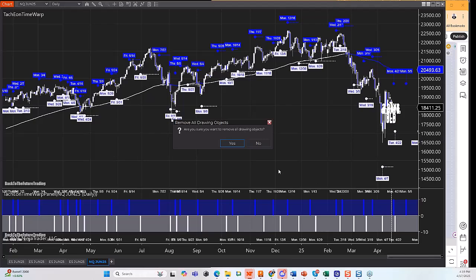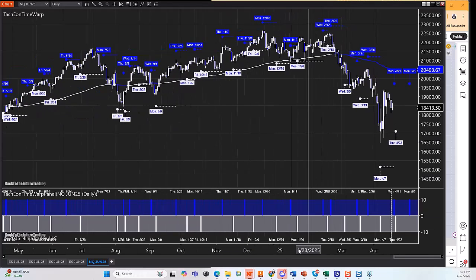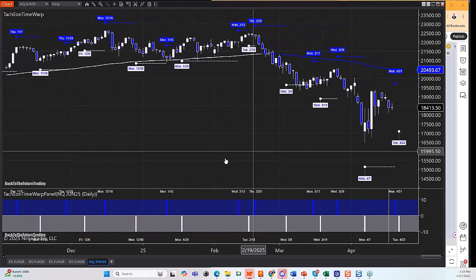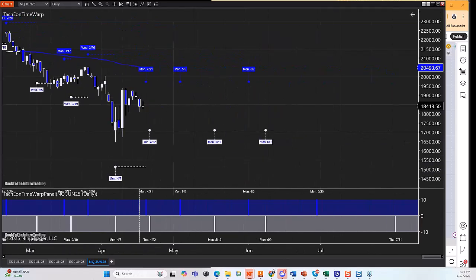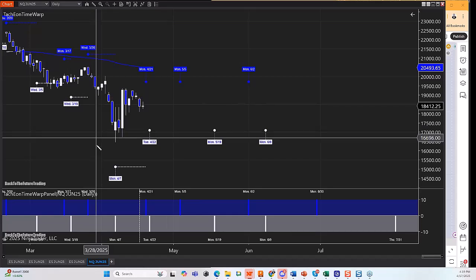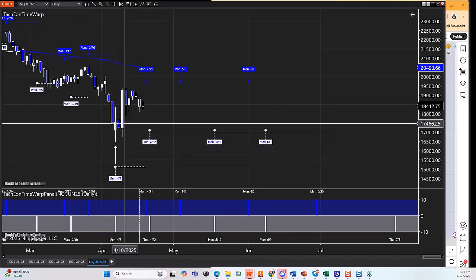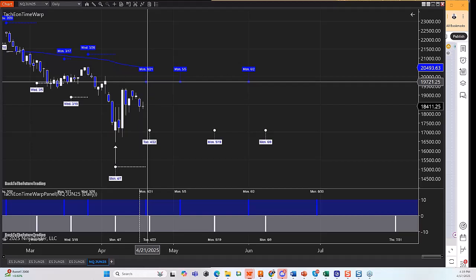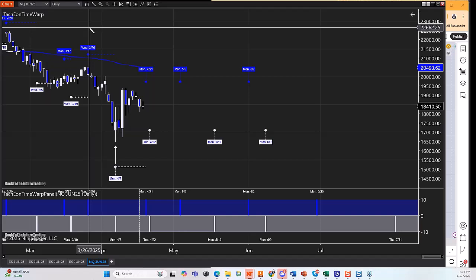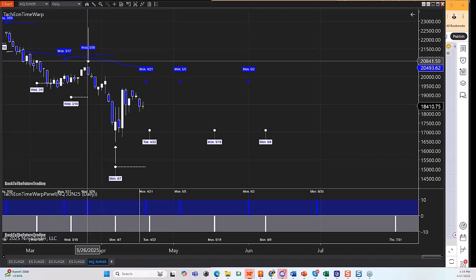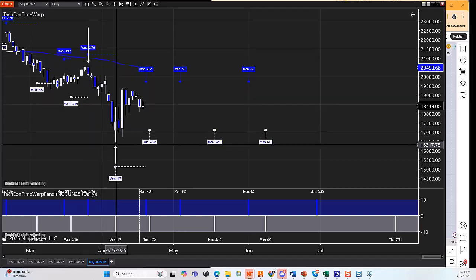I showed this chart last week on the E-mini S&P and on the NASDAQ. And if you guys remember, I was saying we were coming up from the 7th, which was the day before my birthday, until the 21st. I had warned everyone about a drop on March 26th until April 7th.